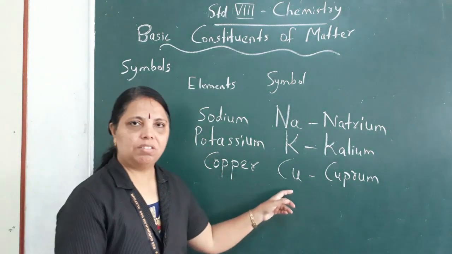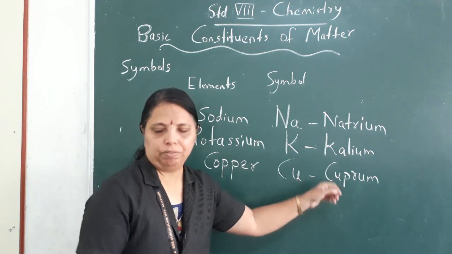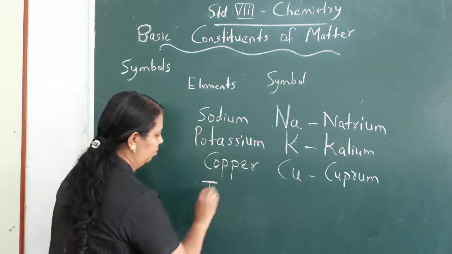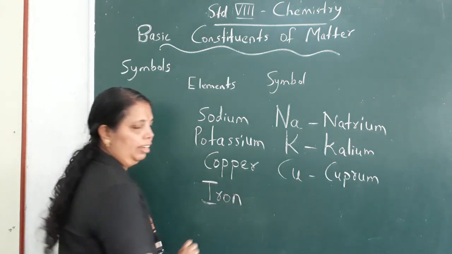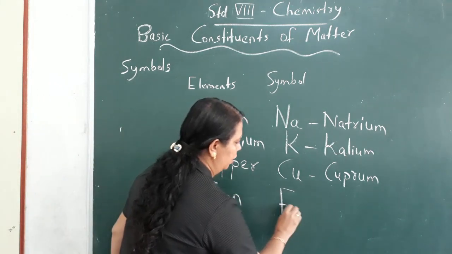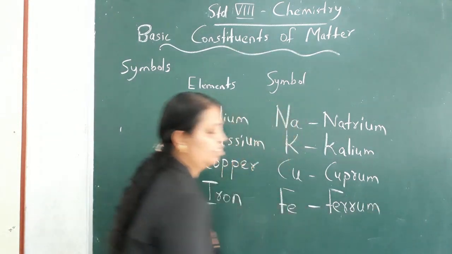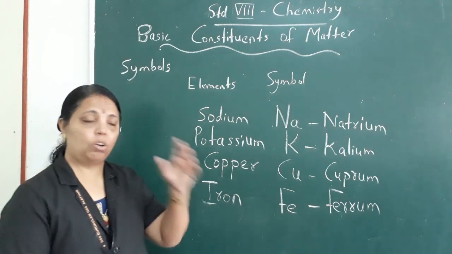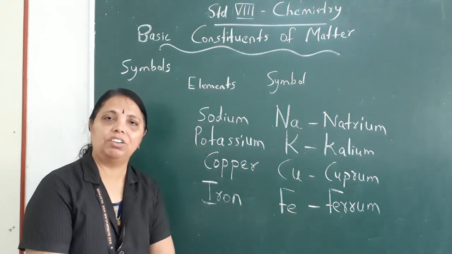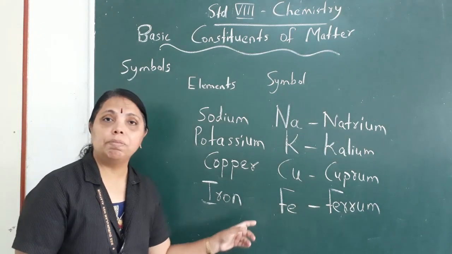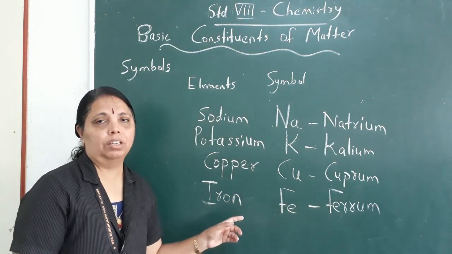Next one is iron. The symbol is Fe, from the Latin name ferrum, which means strong. Iron is a very hard, strong metal, right? So from the meanings we get the symbol for some elements.